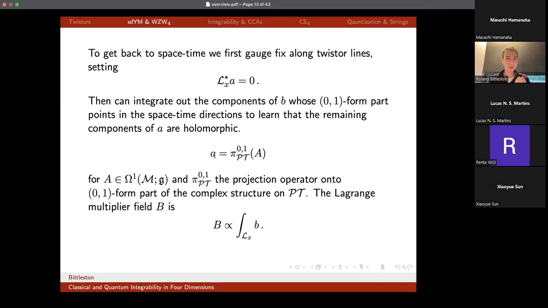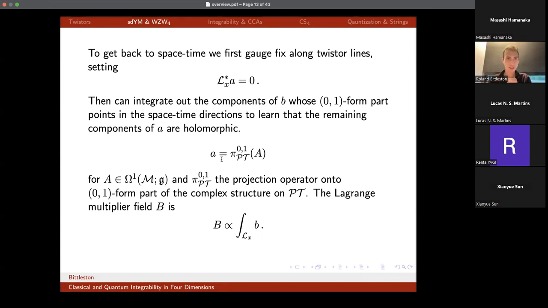And it's very easy to solve that. We just write that A is the projection onto its 0-1 part on twistor space of some connection 1-form on space-time. So strictly here, I've cheated a little bit. What I should do is take a connection 1-form on space-time, pull it back to twistor space, and then project it onto the 0-1 part on twistor space.